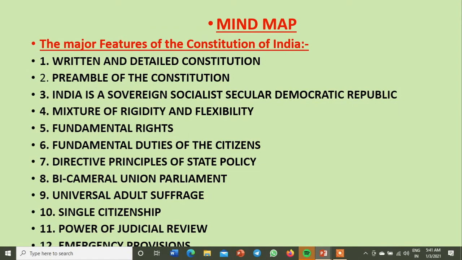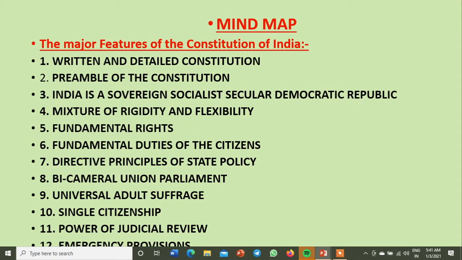Now, students, today I have discussed with you the features of the Indian Constitution. All 12 features I have discussed, that is, its written and detailed constitution, the preamble of the constitution. India is a sovereign, socialist, secular, democratic republic. Then it's a mixture of rigidity and flexibility.